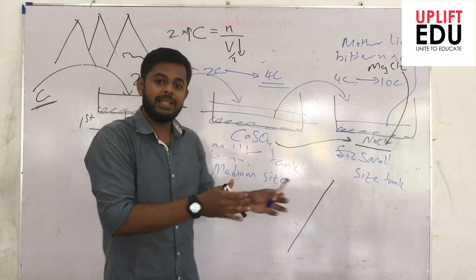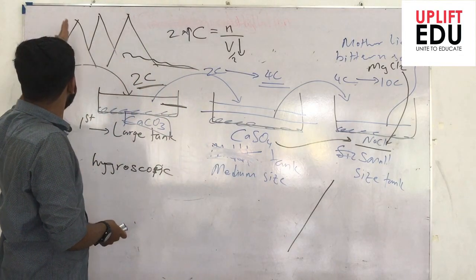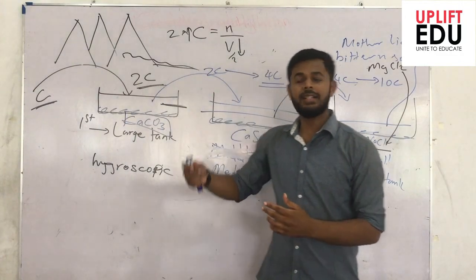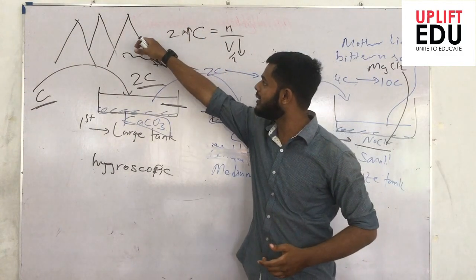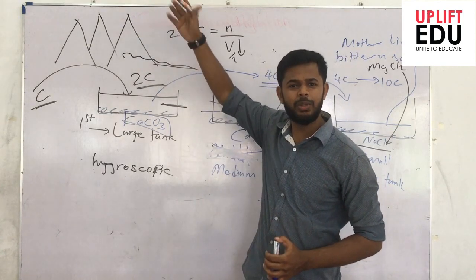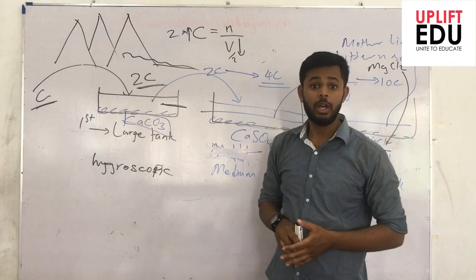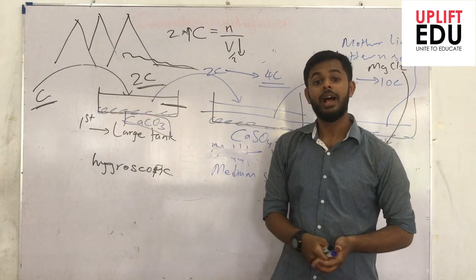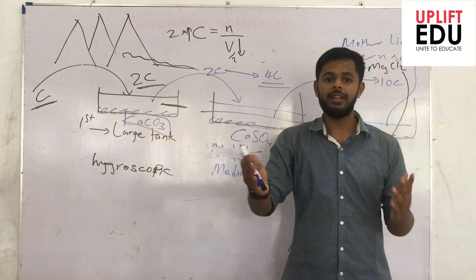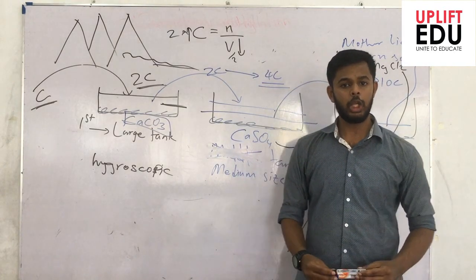After placing this heap for about 6 months, we can get a pure sodium chloride heap, something around 98-99% sodium chloride. So we call it pure sodium chloride. After we get that sodium chloride, we can add iodine to it and supply it for domestic use.